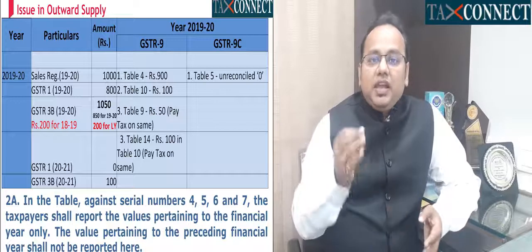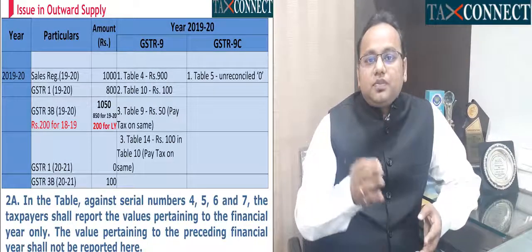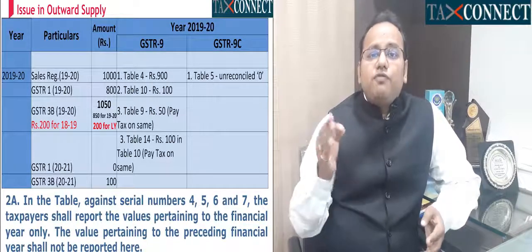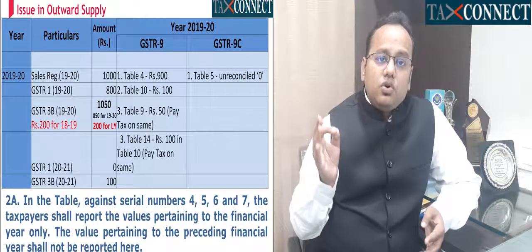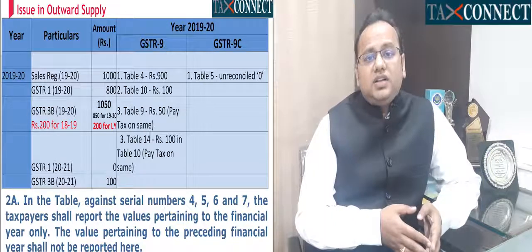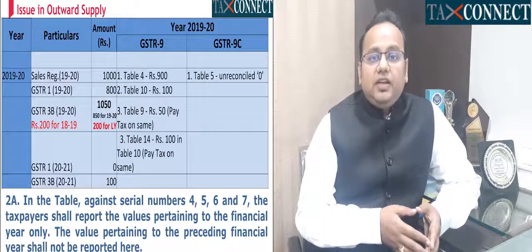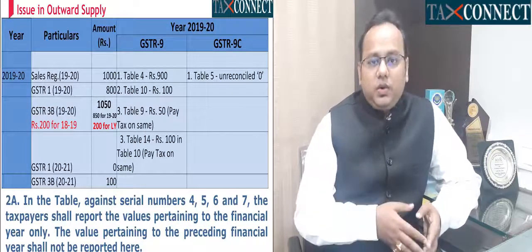Therefore, in 19-20, in GSTR 9 table 4 and 5, one should disclose only the outward tax liability relating to 19-20.